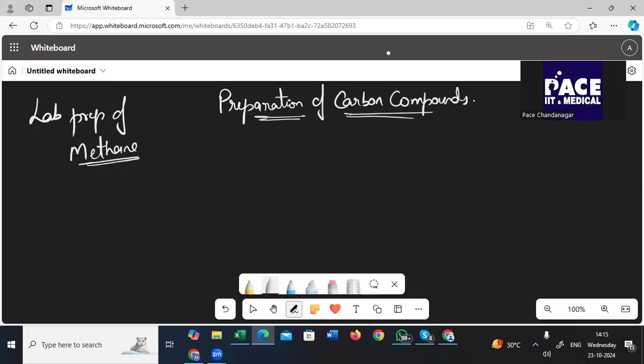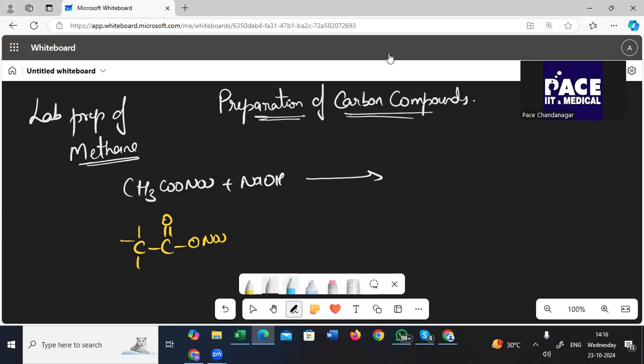Methane. So how do we prepare that? It is CH3COONa. This is acetic acid salt. How do you show it as a structure? C double bond ONa, plus NaOH.